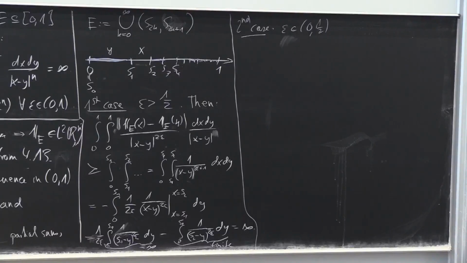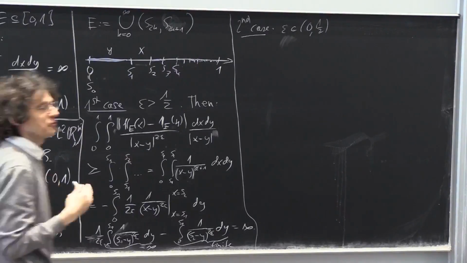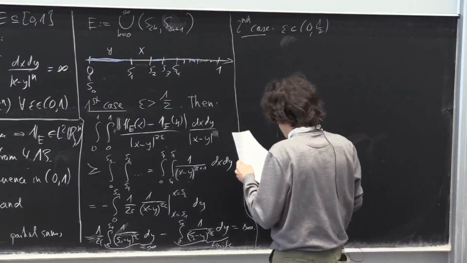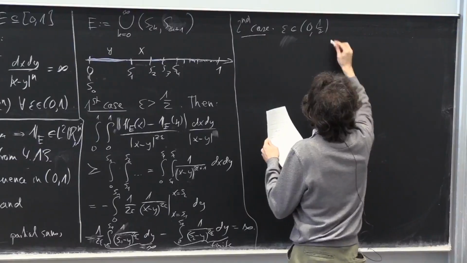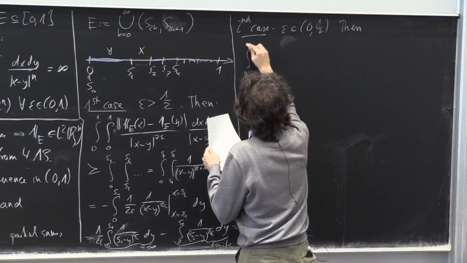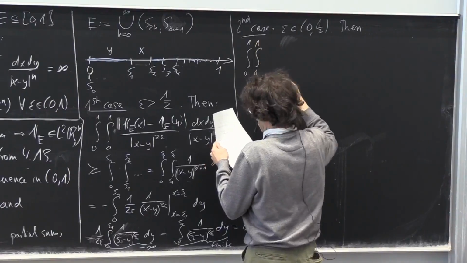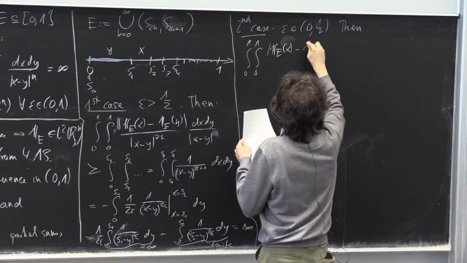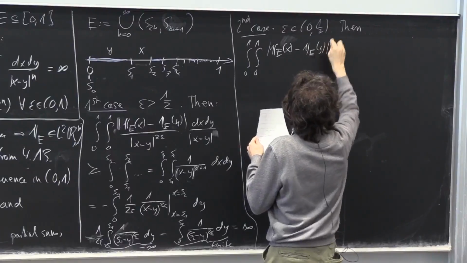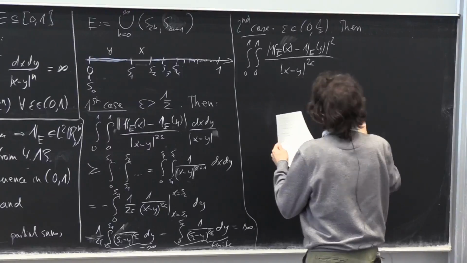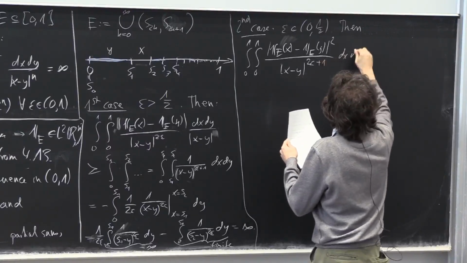But now we have to carefully look into how this sequence a_j behaves. Okay, but the main idea is the same thing. We just are a little bit more cautious. So we start again with our double integral, 0 to 1, 0 to 1, of the difference of the two characteristic functions squared divided by |x minus y| to the 2 epsilon plus 1, dx dy.